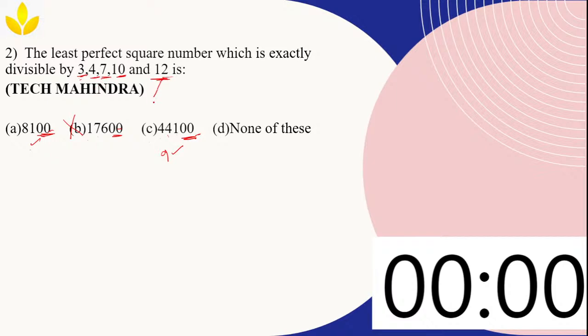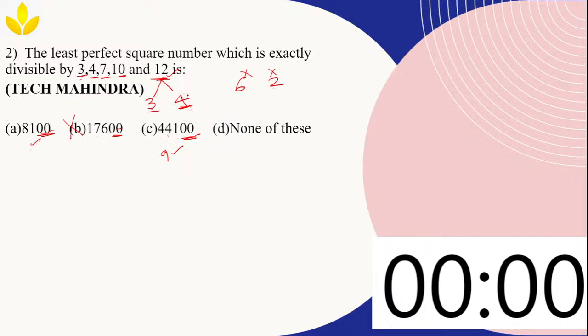For 12, the number should be divisible by 3 and 4. So you always have to go for co-prime numbers. Even 6 and 2, 6 into 2, will also give 12, but I am not going to take these numbers because these two are not co-prime. 3 and 4 are both co-prime numbers; they do not have any common divisor.